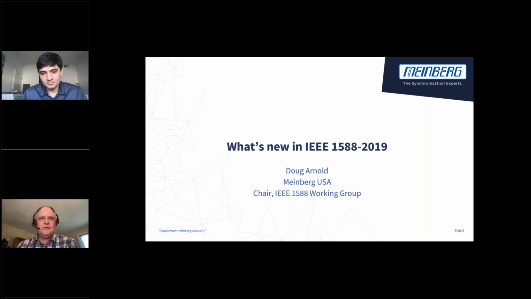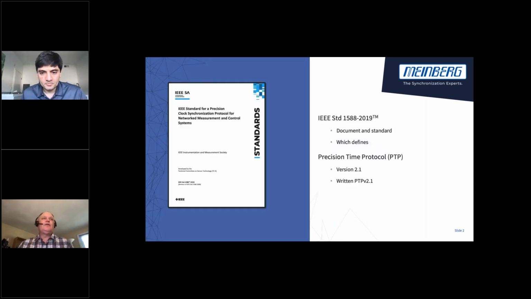Okay, thank you. So first of all, we're talking about IEEE 1588-2019. So what is it? It's a document and a standard, and it defines the precision time protocol. A lot of people use 1588 and PTP interchangeably, but I think of PTP as the protocol and 1588 as the standard that defines it.